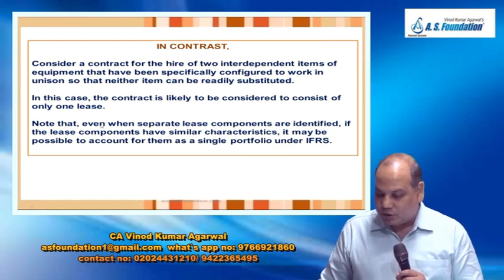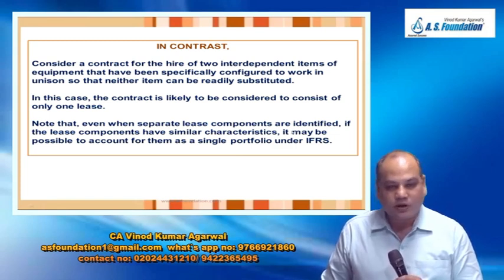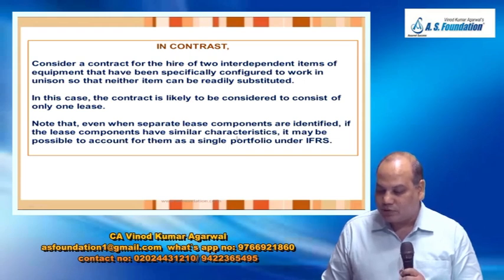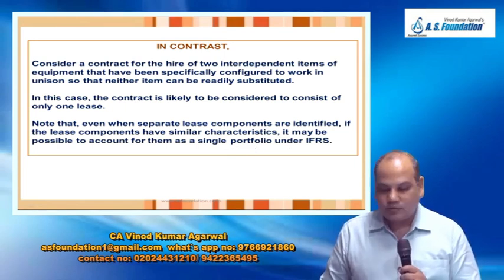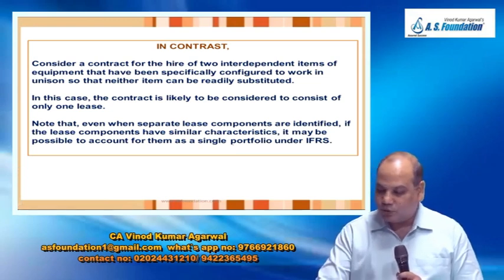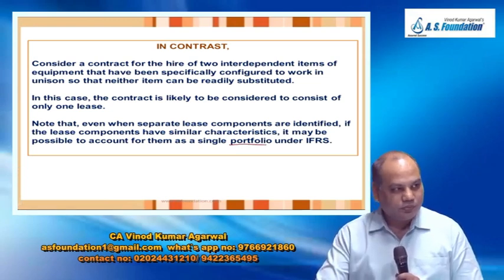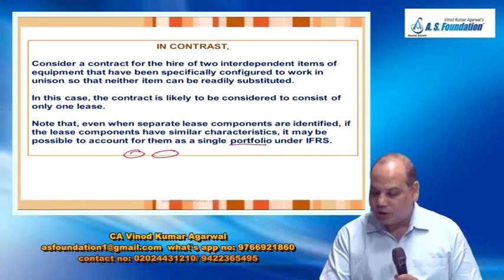Now, even though separate lease components are identified, if the lease components have similar characteristics, it may be possible to account for them as a single portfolio under IFRS. One more point we had seen in the starting part of this chapter, the portfolio approach. Suppose you have taken 2 printers or 20 printers.